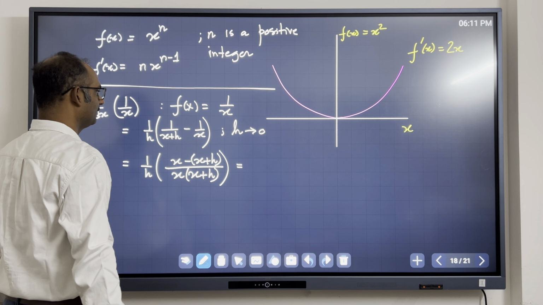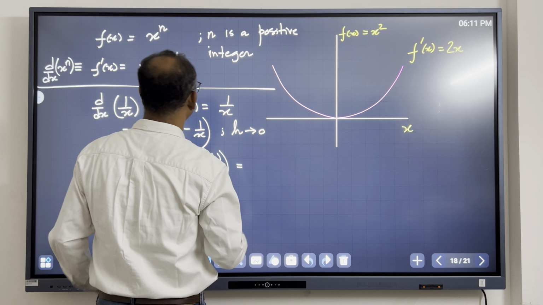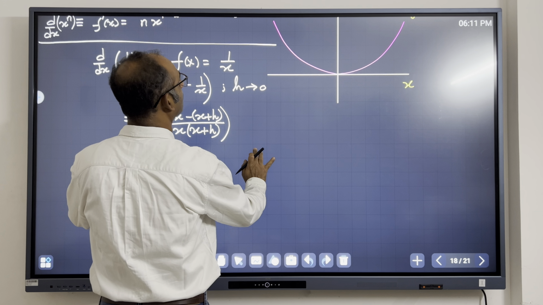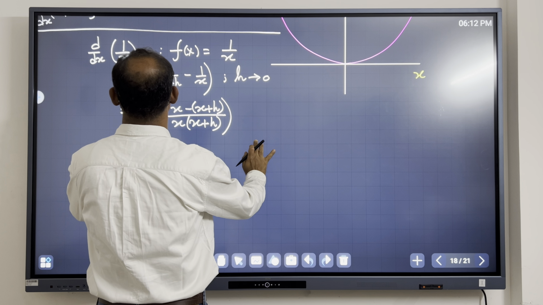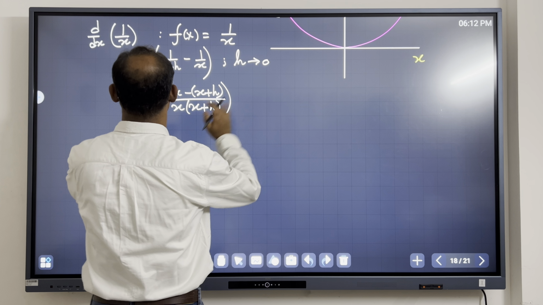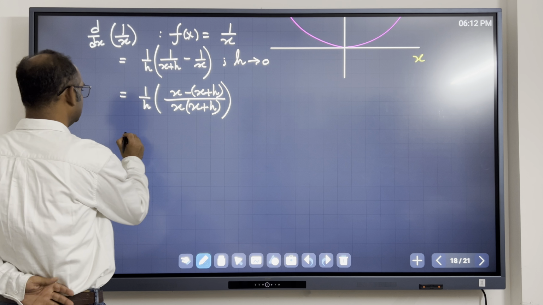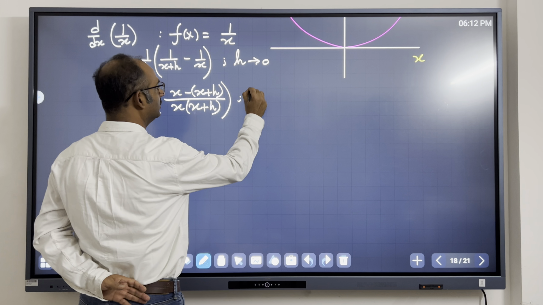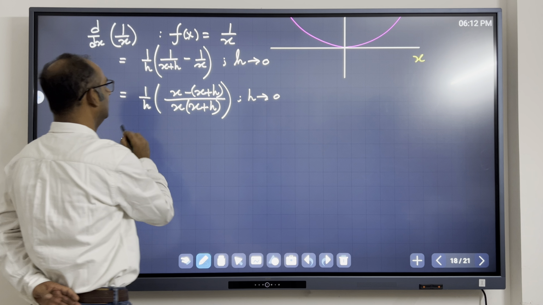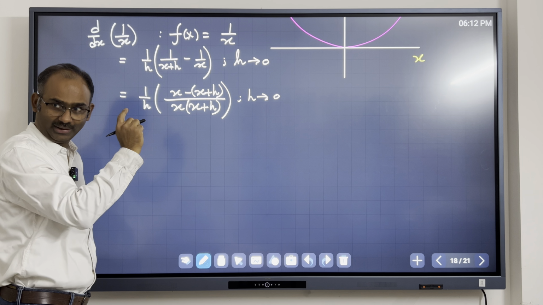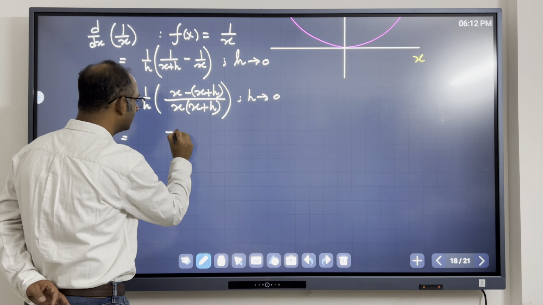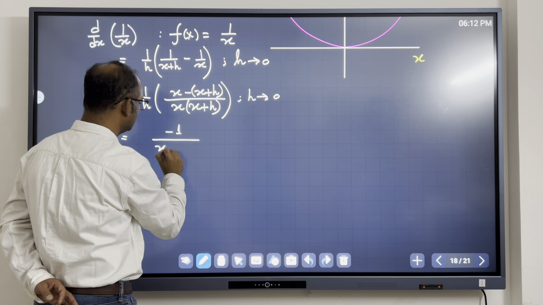And of course I have to take the limit h going to 0. The numerator is minus h divided by h, that is minus 1 over x into x plus h.